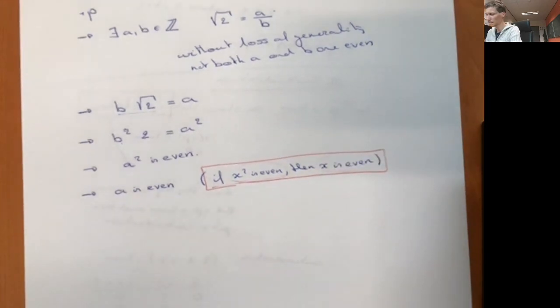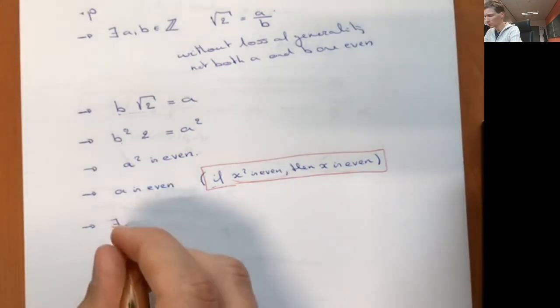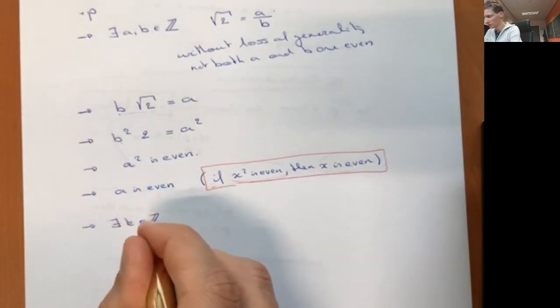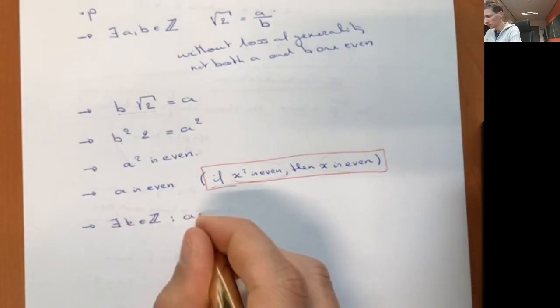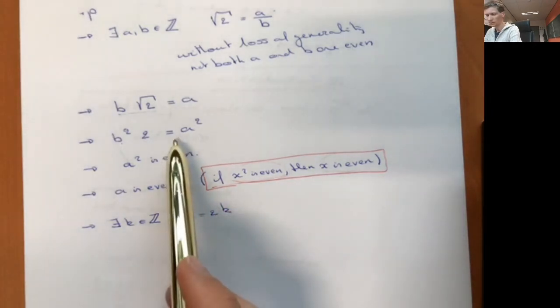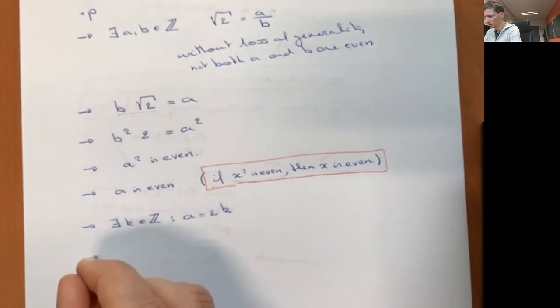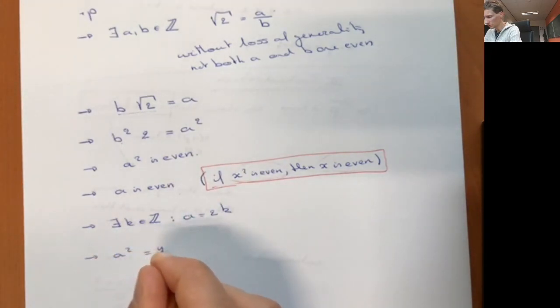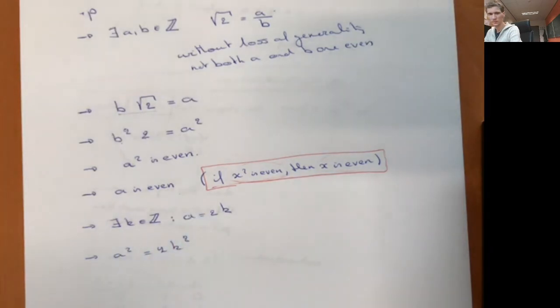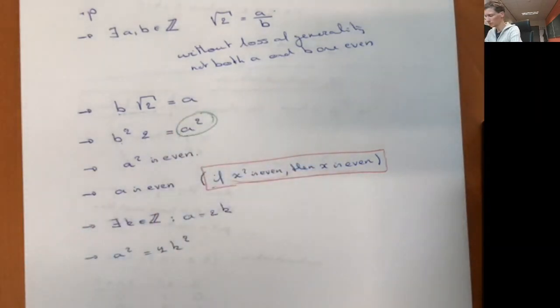Okay, so what happens if A is even? Well, if A is even, then you know that there exists a K in the integers such that A is 2 times K. So if A is 2 times K, then A squared is equal to 4K squared. And we're going to substitute this back into this A squared here.